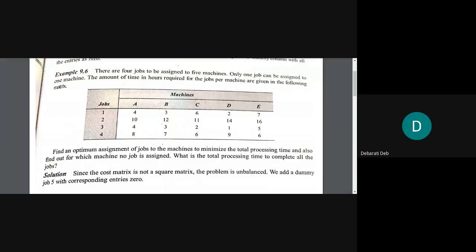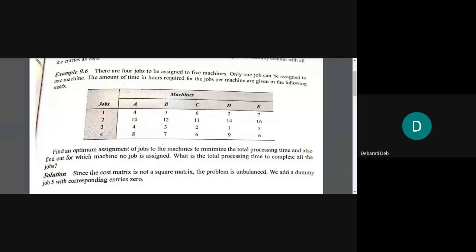So obviously one machine will have to remain idle, isn't it? And the rule is 1 job, 1 machine, 1 person, 1 activity, like that. So you cannot assign 2 machines to a single job. That is why it is an indicated fact in this problem that one machine has to be kept idle.